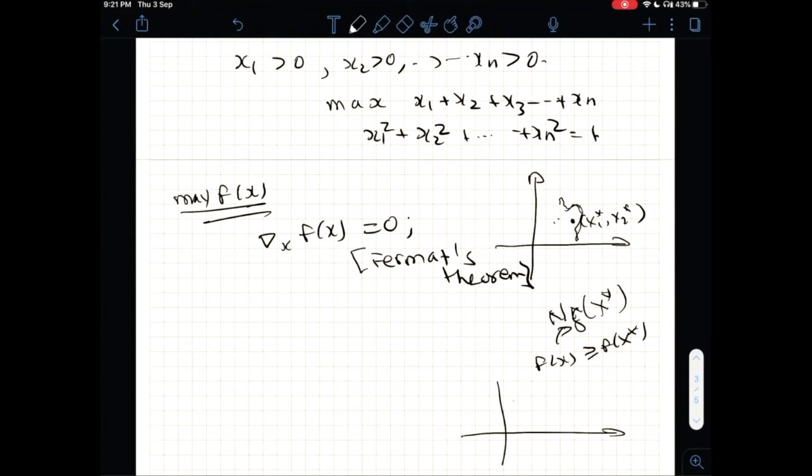In a single dimensional example, this is a maximum point, for example, here. So in a small enough neighborhood, everywhere this function is at its maximum, f of x star is greater than or equal to f of x for x coming in the small enough neighborhood, which is here like an interval at the maximum.